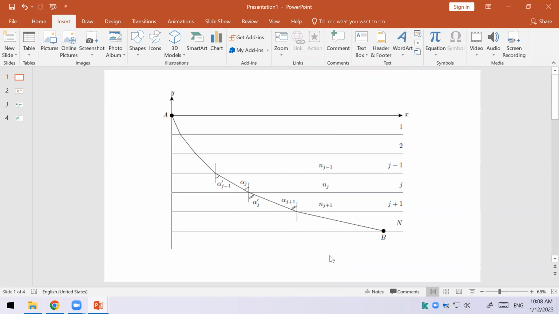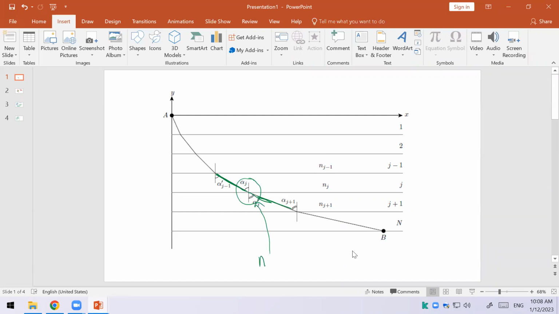So if I consider the light traveling from this layer to this layer, the refraction happens here, and you can again apply Snell's law at this interface.